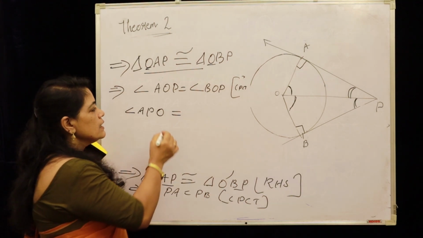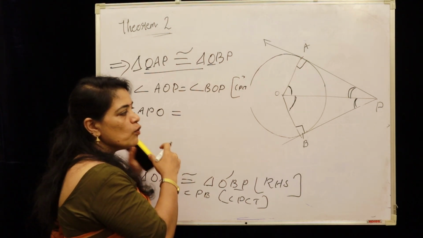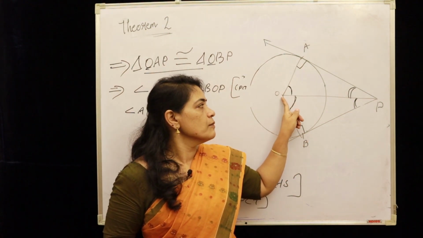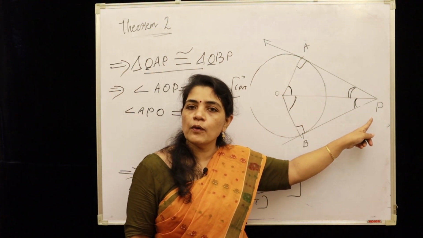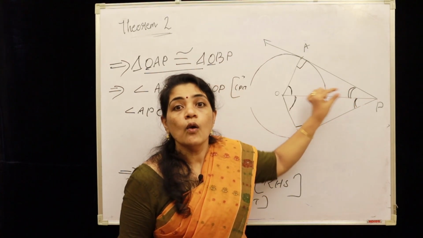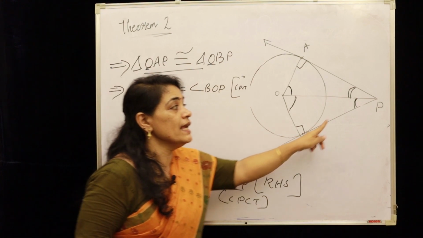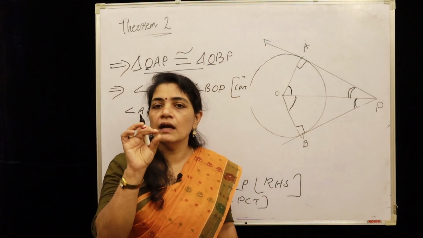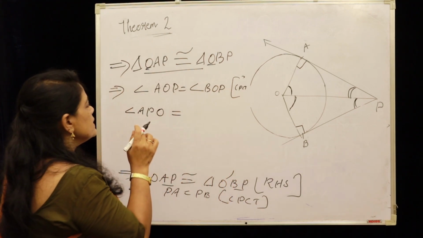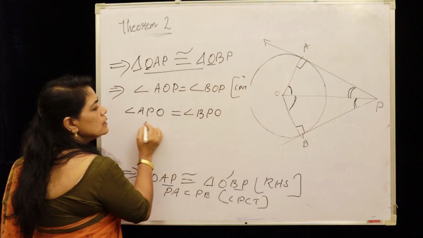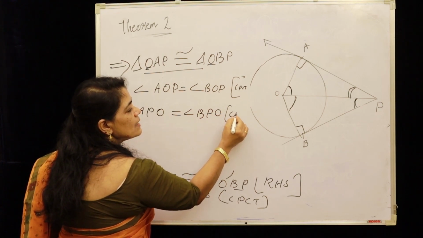RHS criteria. And what is the angle between tangent PB and the line segment joining center to external point? That is angle OPB or BPO. That particular point should come in the middle. That means angle BPO. This is again by CPCT.